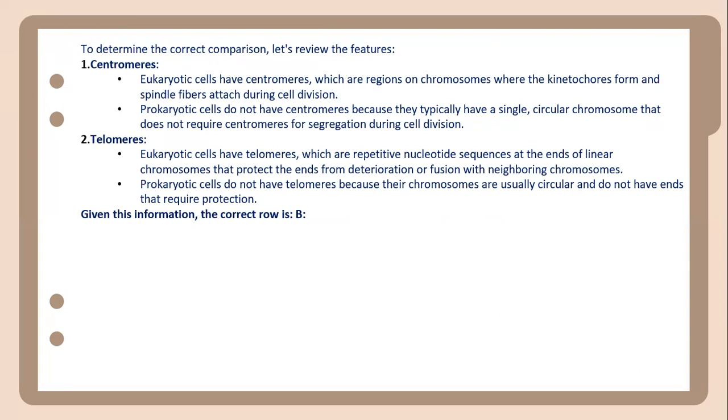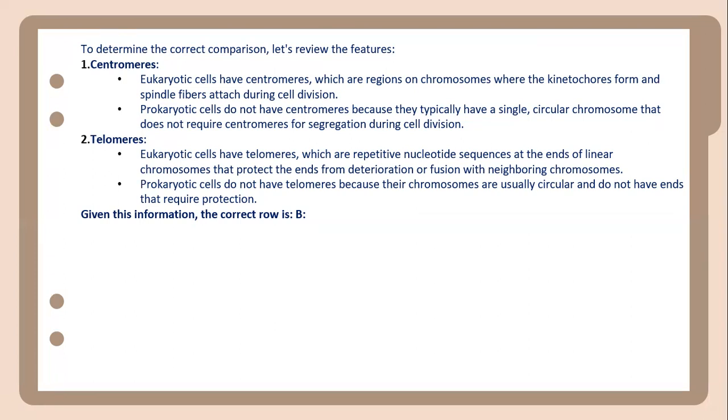For centromeres, eukaryotic cells have centromeres, which are regions of the chromosome where the cytoskeleton forms the spindle fibers attached during cell division. Prokaryotic cells do not have centromeres because they typically have a single circular chromosome that does not require centromeres during cell division.